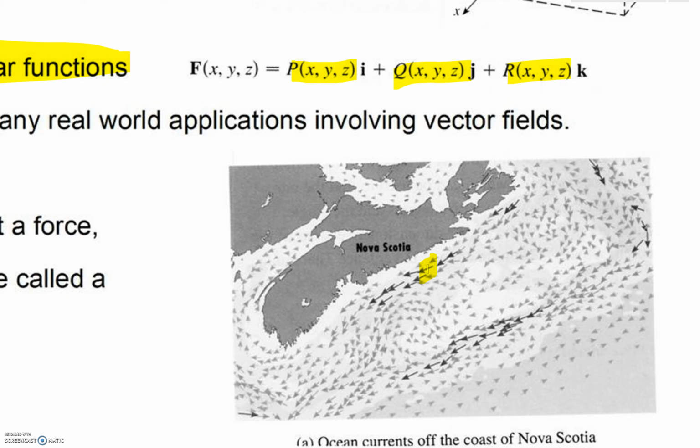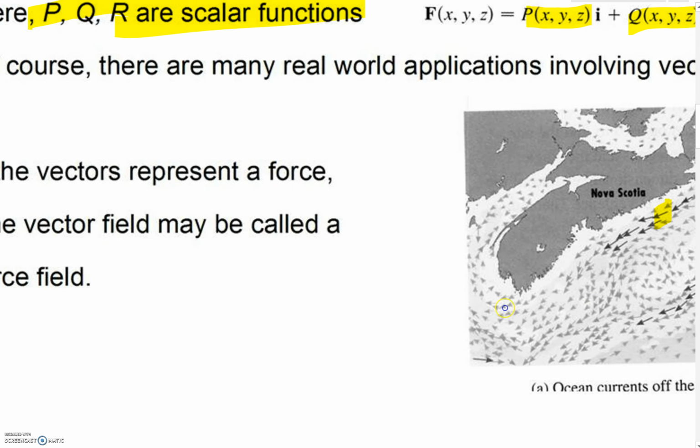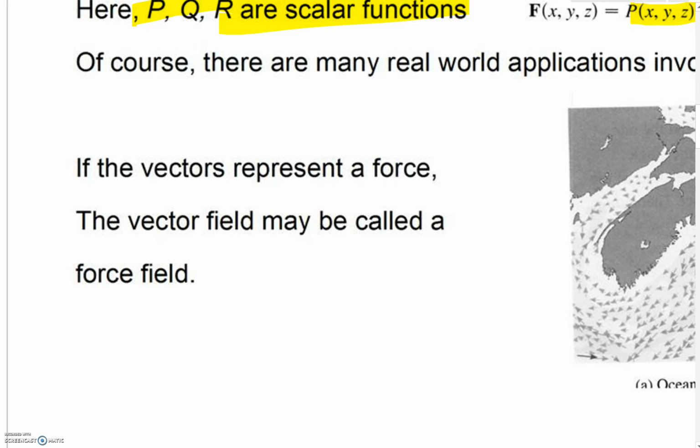The length of it would indicate the strength of that current, perhaps. If the vectors represent a force, the vector field may be called a force field. And a force field could be something like a gravitational field. You can get into magnetic fields and all types of very wonderful applications.